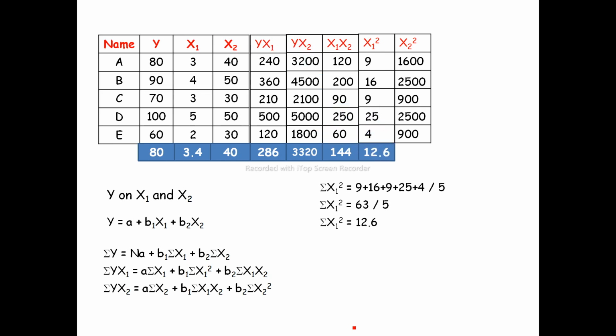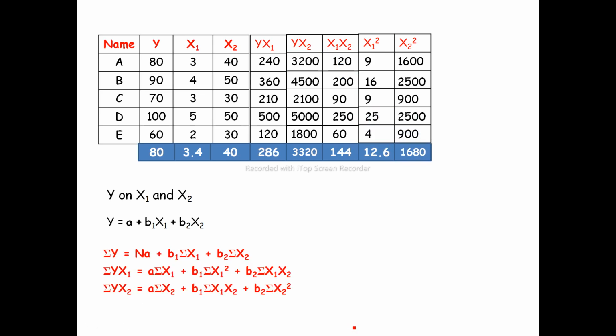And lastly, summation of x2 square. We got the value 1680. Okay, so we got all the values. Just go on adding these values into the three equations.